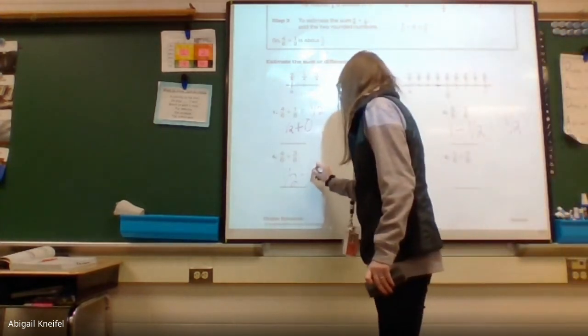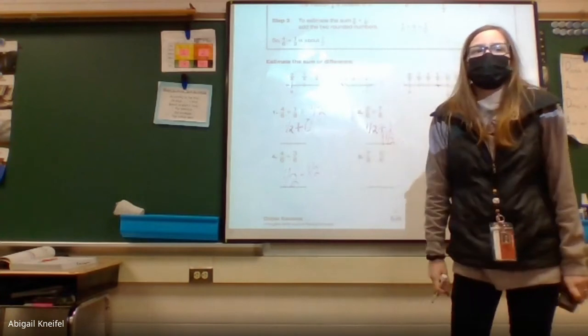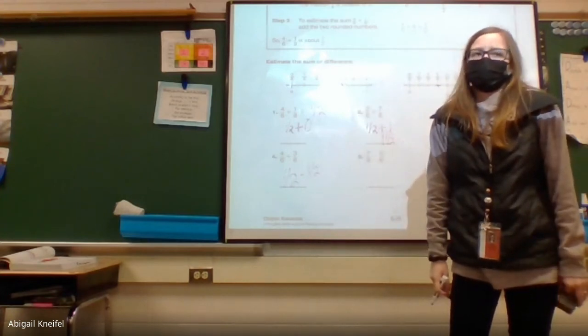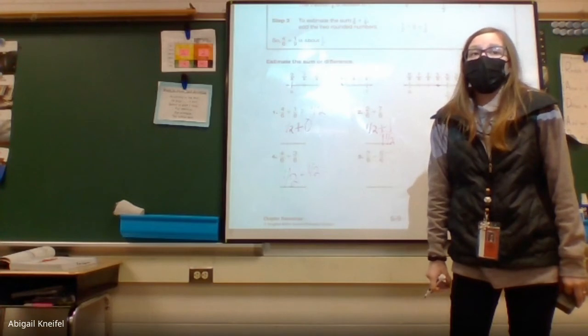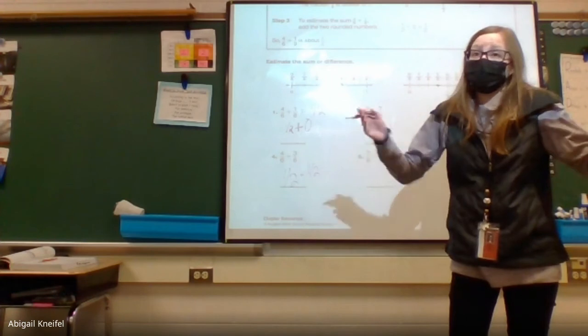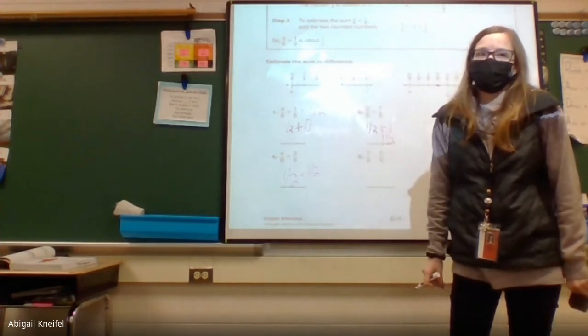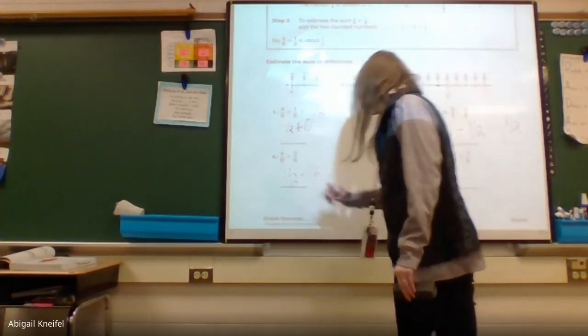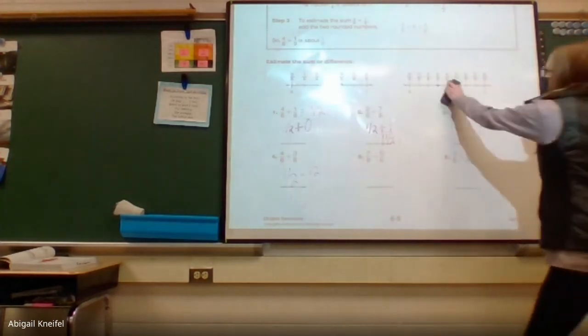Alicia, what's a half plus a half? 3/8 is the problem. 1/2 plus 1/2. If I have half a pizza and another half a pizza and I put them together, what do I have? 1. A whole.